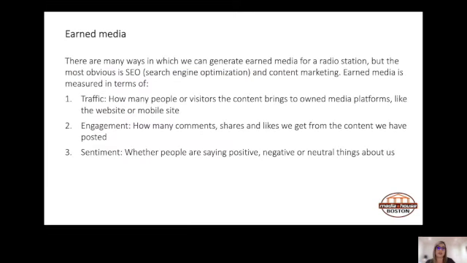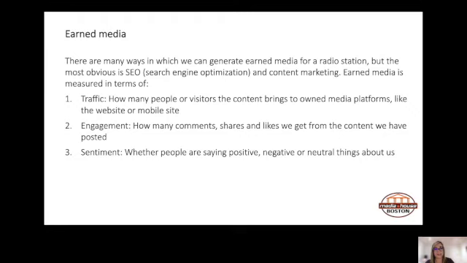There are many ways in which we can generate earned media for a radio station, but the most obvious is search engine optimization, so SEO, and content marketing, which means using the station's voice to start and contribute to online conversations. Earned media itself is measured in terms of 3 different criteria.